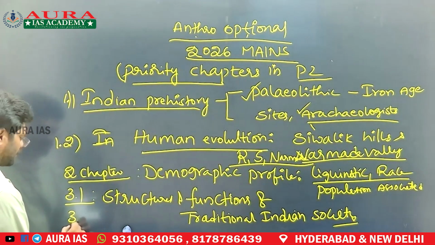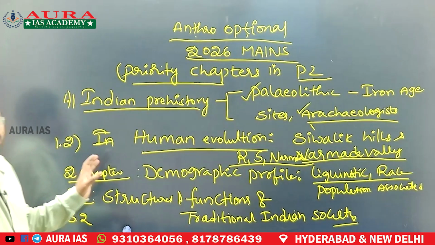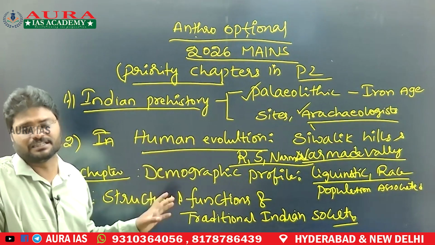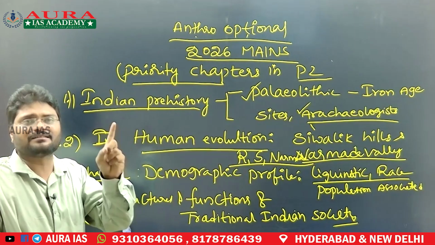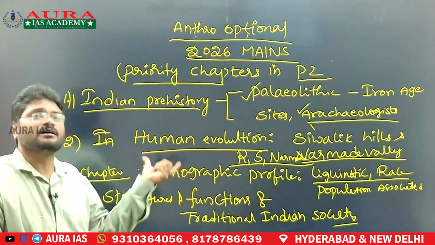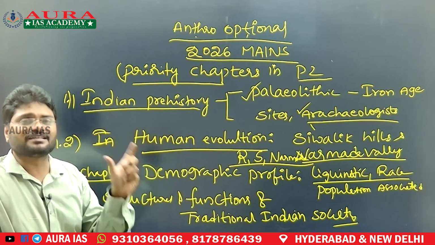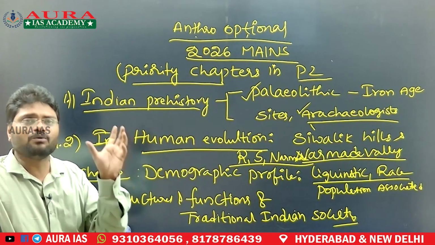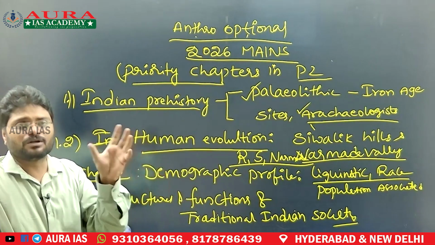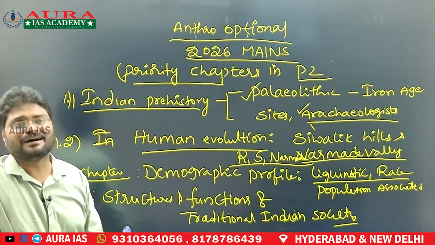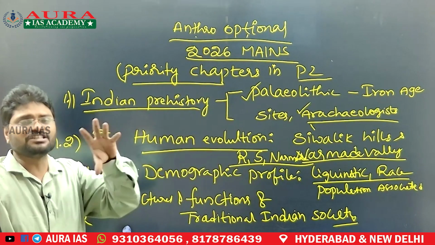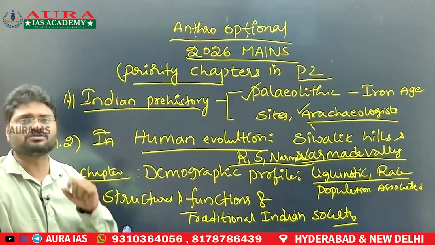Mostly you should identify what their relevance is in the present day, like Varnashrama's relevance today, Purushartha's relevance today, and how rebirth and guna are connected to hierarchy or stratification in India. These dimensions you must cover.